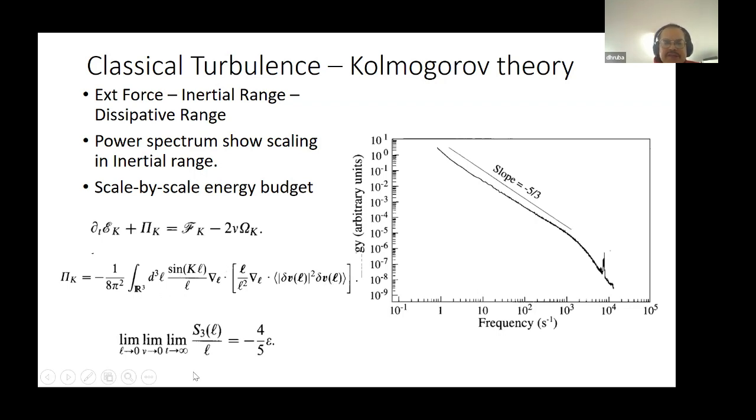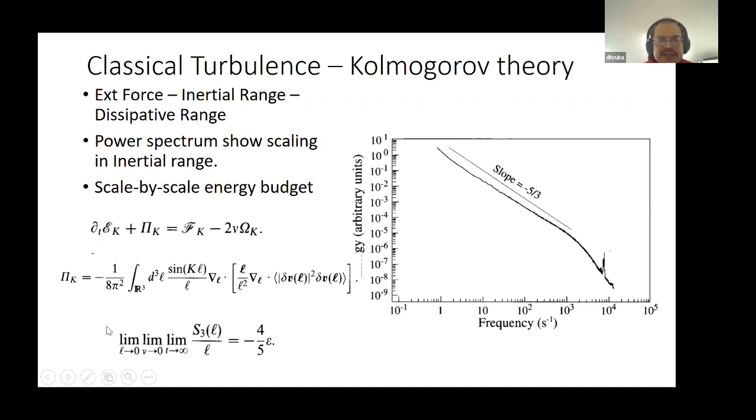Written in real space, the quantity looks like S3 by L, where S3 is the third order structure function. You look at the velocity difference across a length scale L, take it to the power 3 and average.